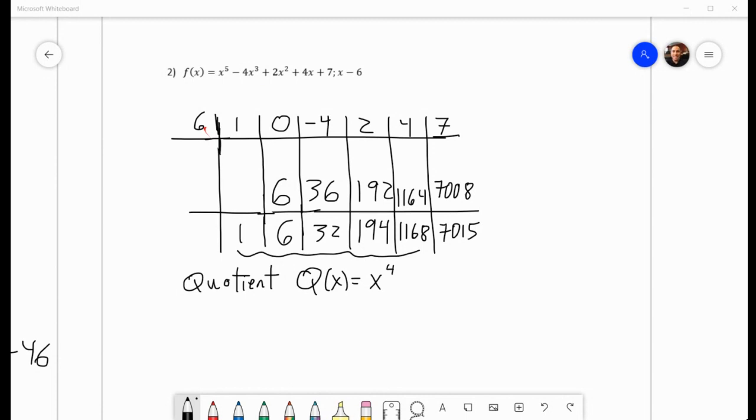So it's x to the 4 plus 6x cubed plus 32x squared plus 194x. Finally, plus 1,168.